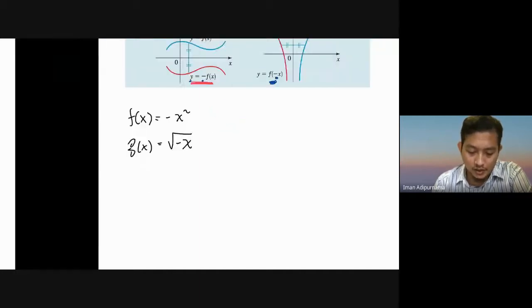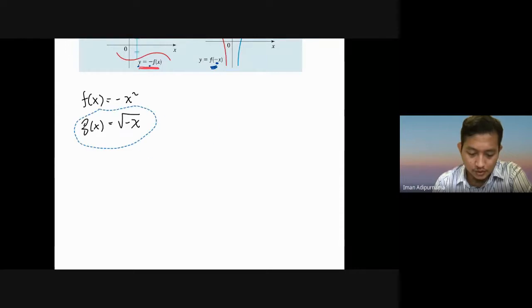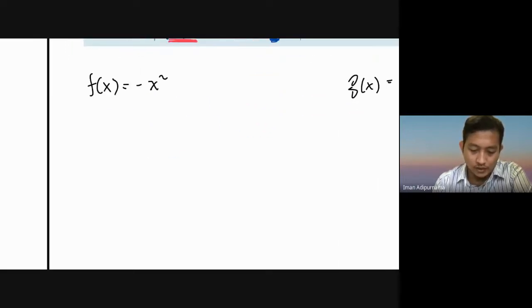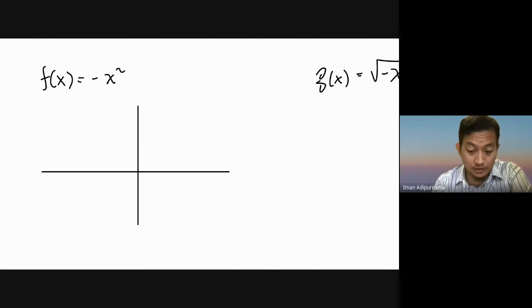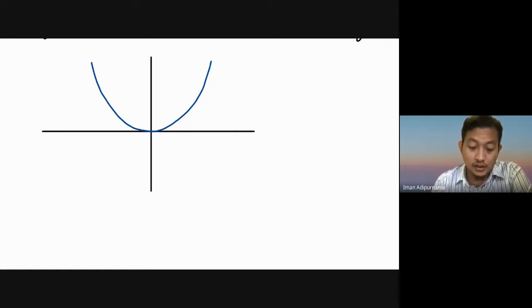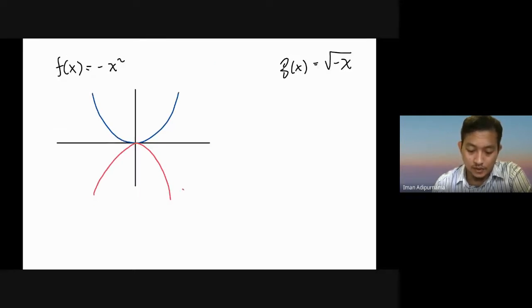So from the beginning, we know that we have the function x squared. Let me just draw the x squared. And negative x squared, meaning we are just reflecting through the x-axis, and this will be the result. Okay, so this is the negative x squared.